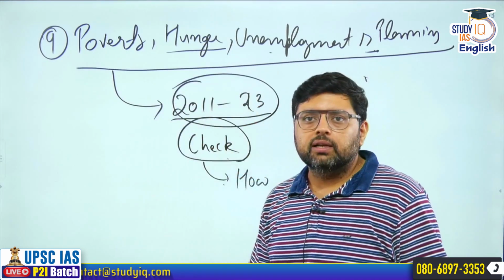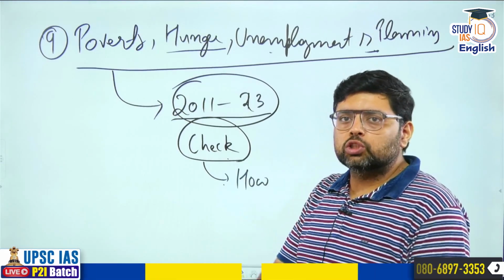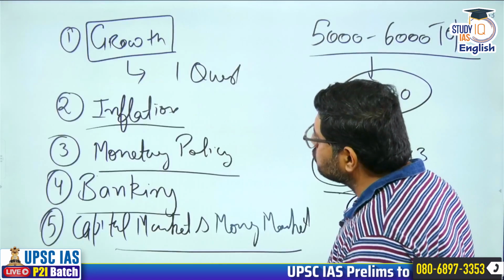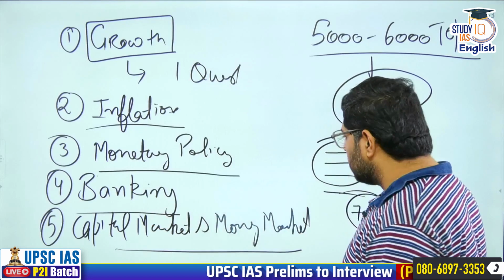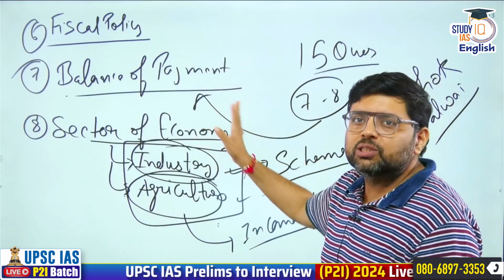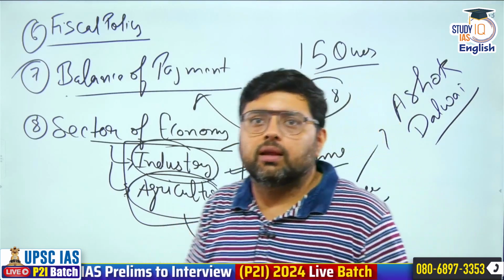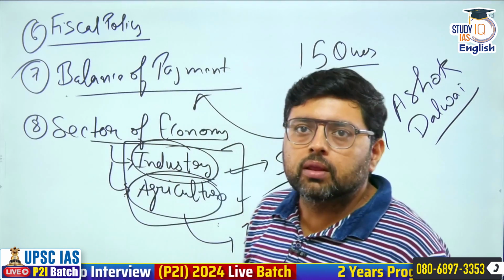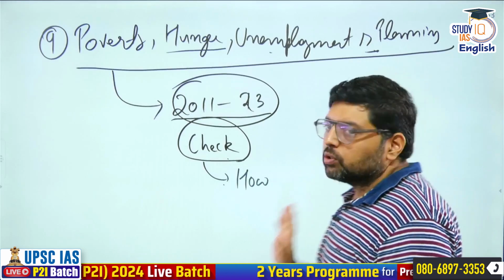If you find it, just put in the comment section that sir, so-and-so question has been asked from this. Whereas with respect to growth, inflation, monetary policy, banking and capital and money market, as well as fiscal policy, go and check how many questions have been asked. Automatically you will understand what I am telling, and you will understand the relevance of this video. Clear? So this is what you have to remember.